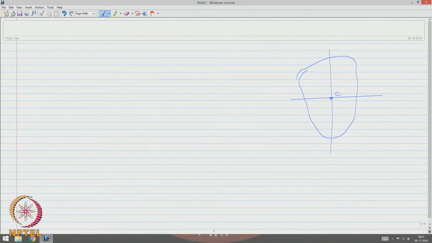whose CG is marked. This becomes my axis at which the radius of curvature is located.